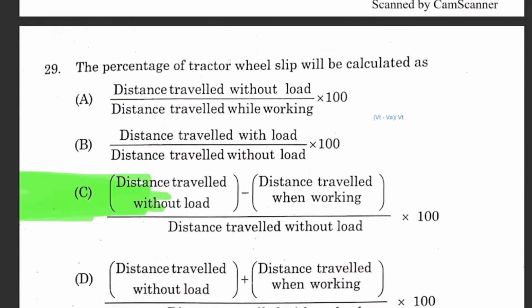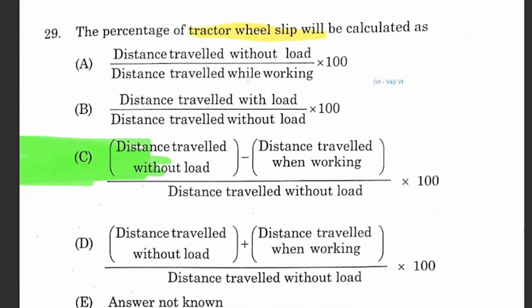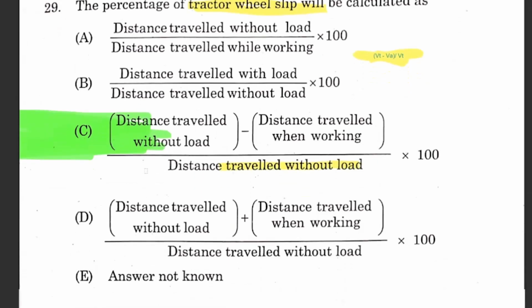Next one is tractor slip percentage is calculated as S equal to 1 minus Vt upon Va, that is mentioned here, and Vt is distance travel without load, that is theoretical velocity minus actual velocity divided by theoretical velocity, and theoretical velocity is distance travel without load minus distance travel when working divided by distance travel without load. So option number C is correct here.